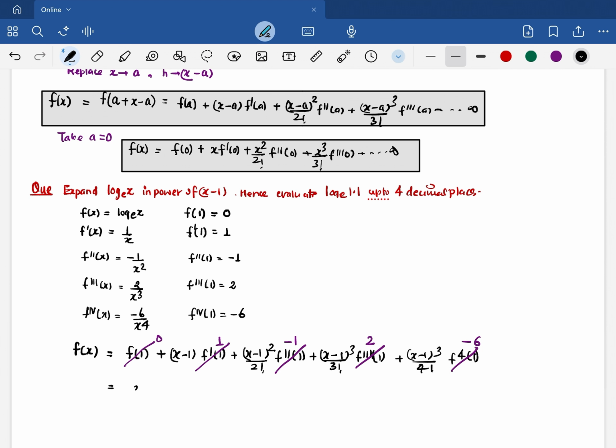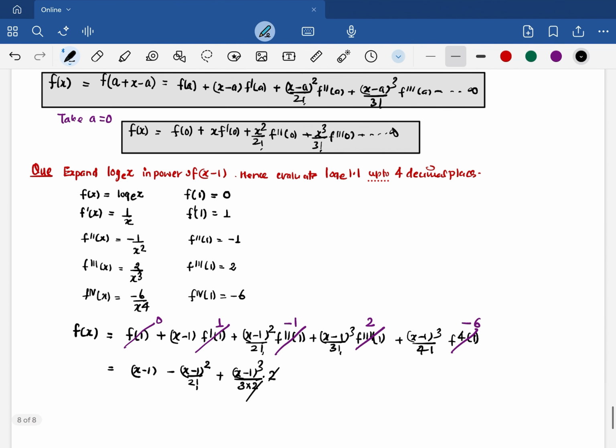Okay, so let's write down the values. First term will be 0. Can we say the second term is x minus 1, the third term is (x minus 1) whole square divided by 2 factorial, and minus we have already multiplied, plus (x minus 1) cube divided by 3 factorial, which is 3 into 2, and this is 2, so 2 will be cancelled.